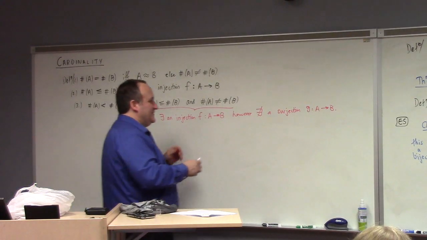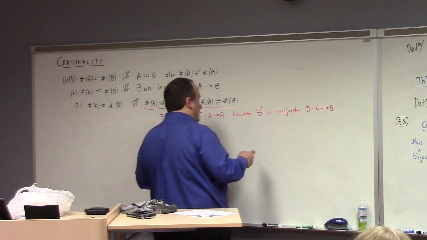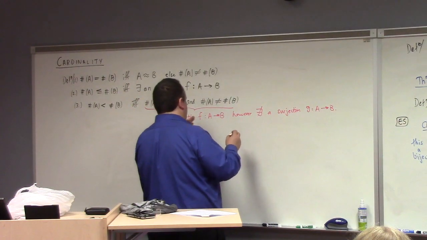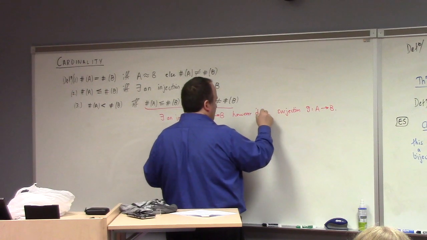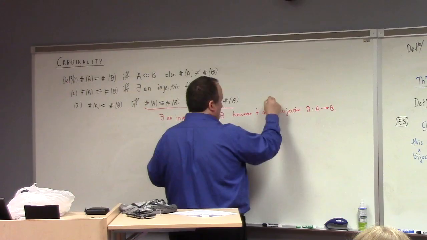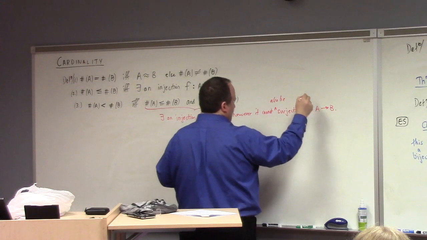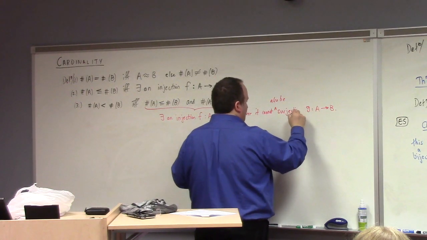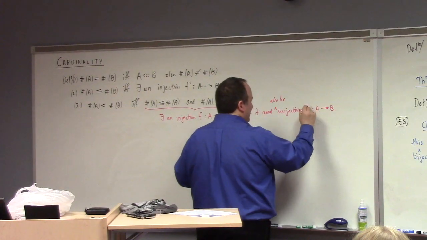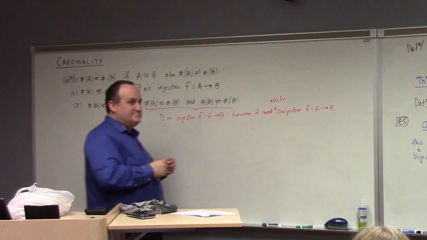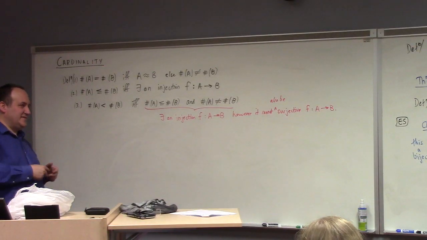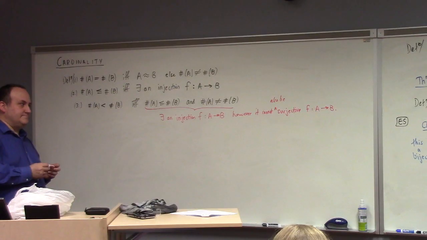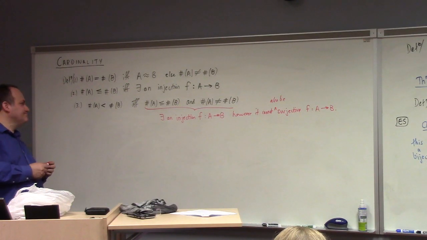But I can certainly word it and say there is an injection, however, it cannot also be surjective. This much for sure is true, okay? There we go. I have a suspicion that may also mean that there just doesn't exist a surjection, period, but I should check on that.